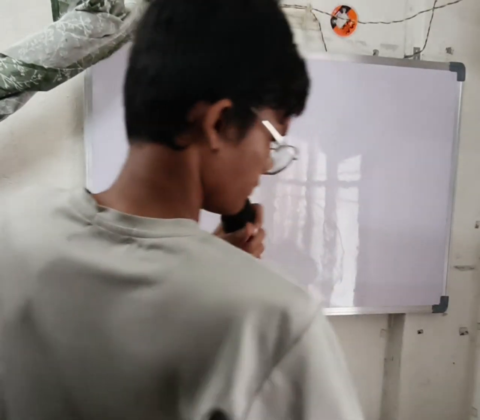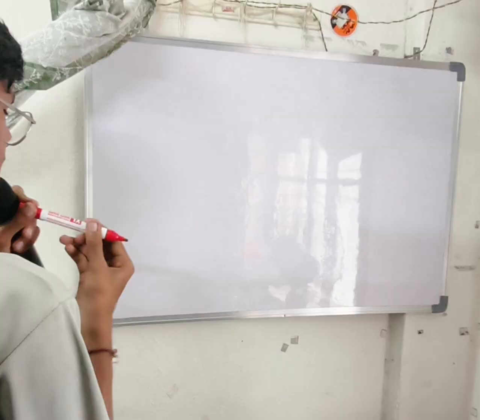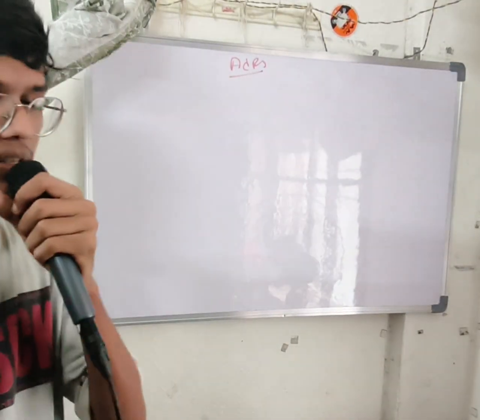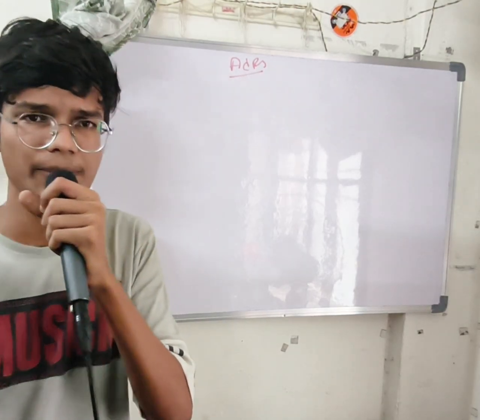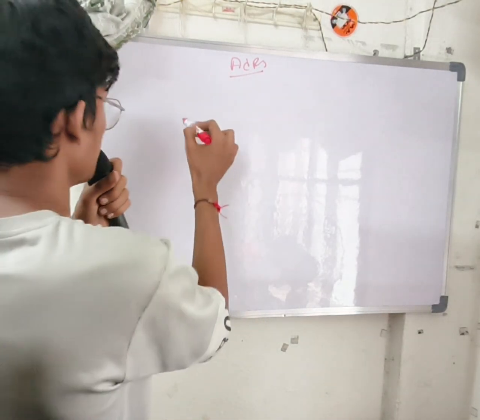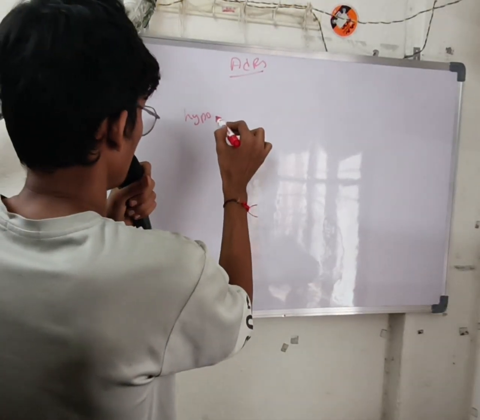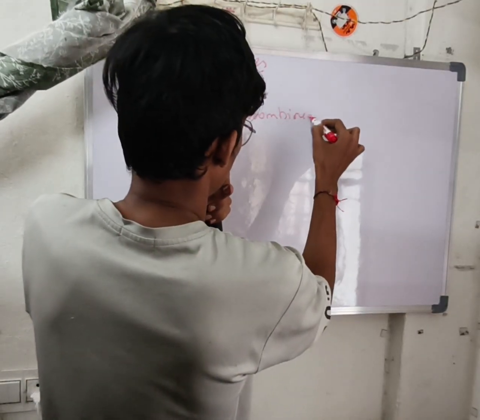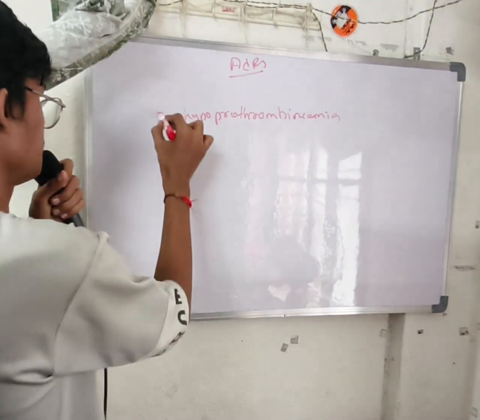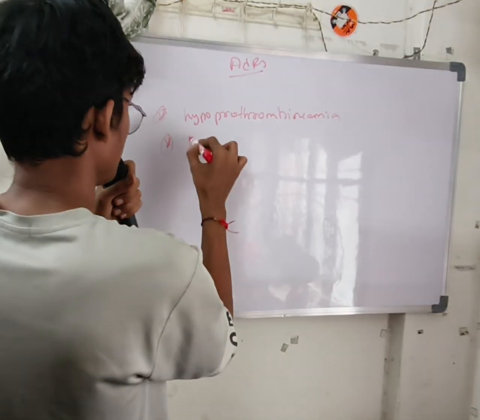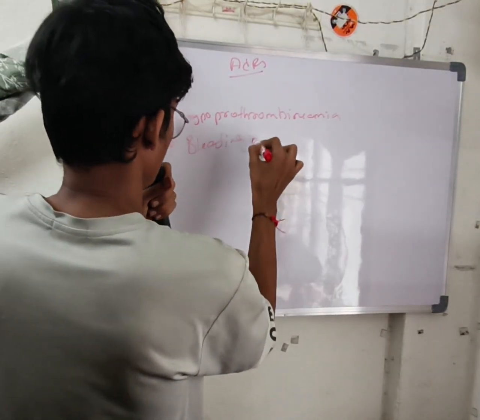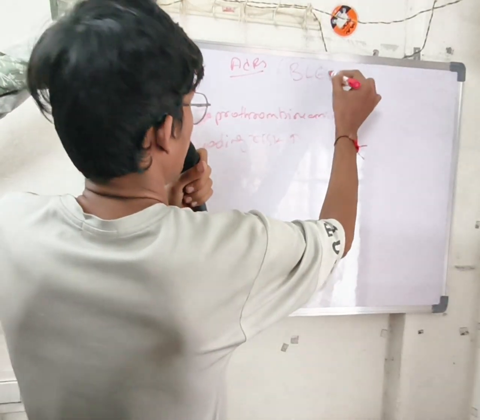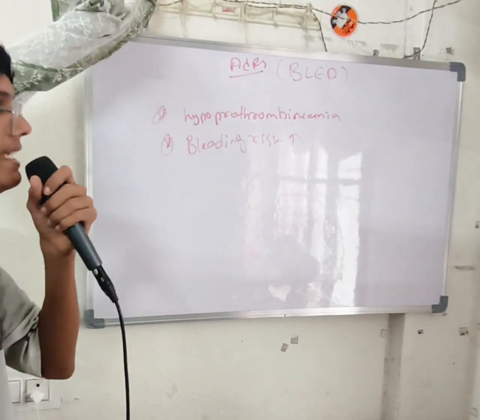Next we'll discuss the adverse drug reactions. In ceftriaxone, hypoprothrombinemia will be there, so there will be increased bleeding risk. We can take the mnemonic BLEEDING, right?